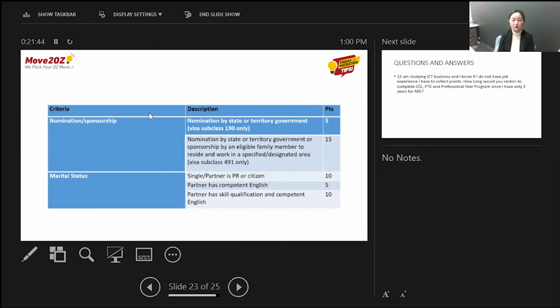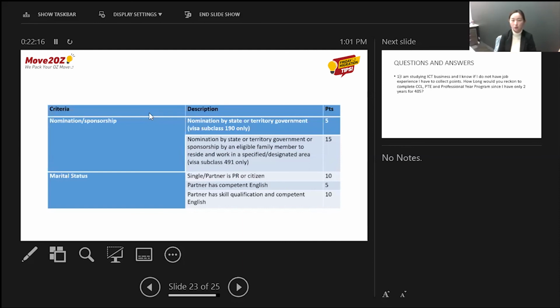The next one is for 491. If you claim these 15 points, you can only apply for the 491 visa. But for the 491 visa, it's not only for state nomination. If you have family in Australia, depending on what your relationship is, if it's a close family member, a parent, a sister, brother, sibling, or a first cousin, aunt, or uncle, you do have a chance to get 491 through family sponsorship.